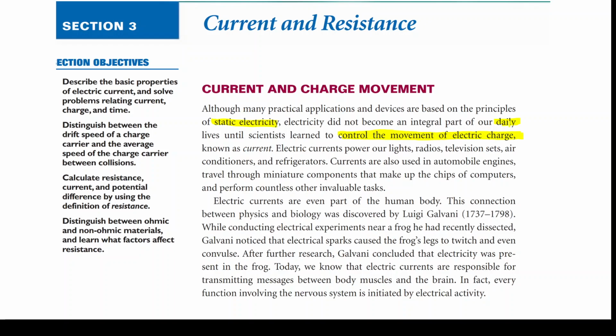The movement of these charges inside a wire or a conductor or an electronic device is known as a current. So from here on, we're not talking about static electricity, we're talking about moving charges, what we call a current. A current is basically charges moving through a wire, or a conductor, whatever you want to call it. And this is really important because it gives us a lot of applications.